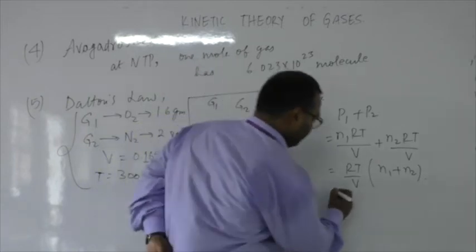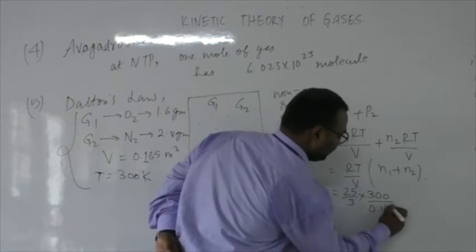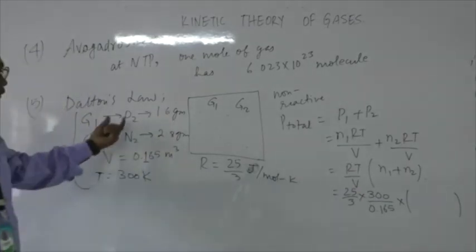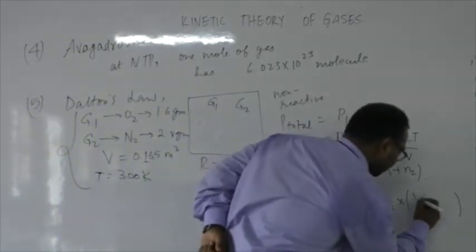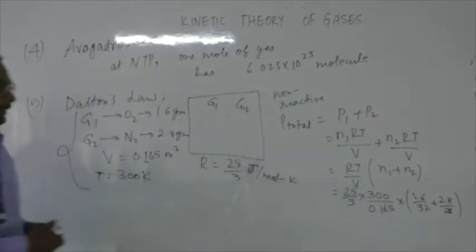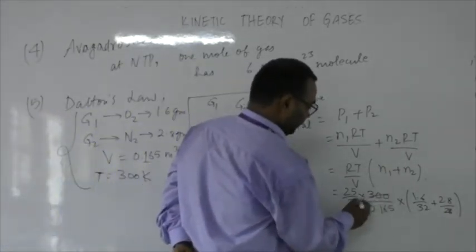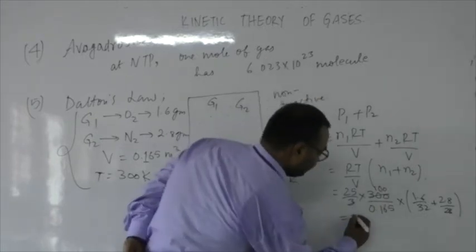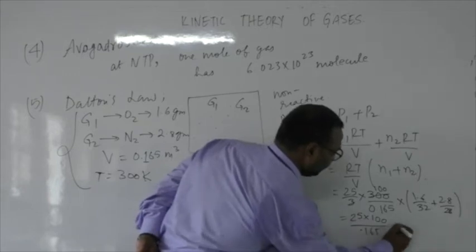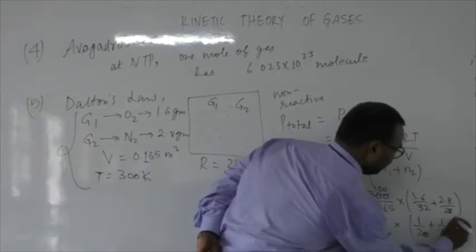Now here RT upon V, V is 0.165, N1 plus N2 is 1.6 by 32 for O2 plus 2.8 by 28. So this will be 25 into 100 upon 0.165 into (1 by 20 plus 1 by 10).